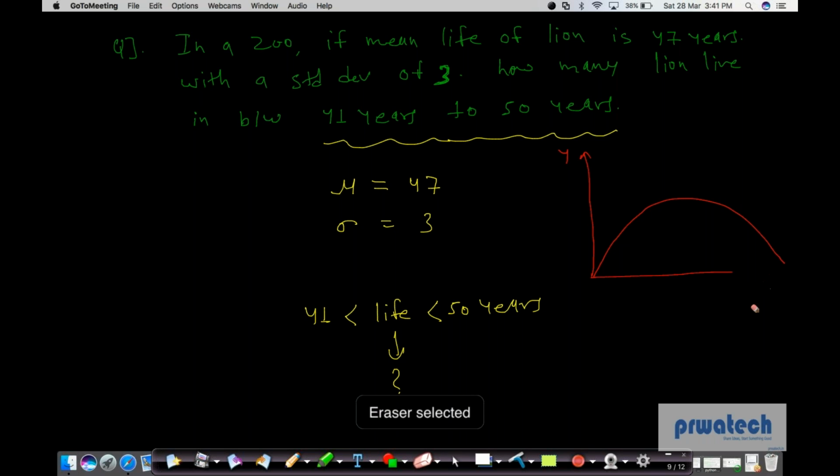Normal distribution looks like this only. So this is my normally distributed area, and we know this is the mean. If we are claiming that this is coming from a normal distribution, this is my mean, and the mean is given as 47.